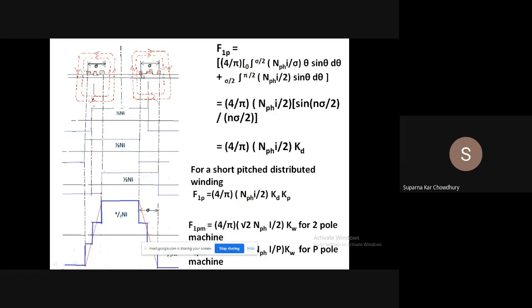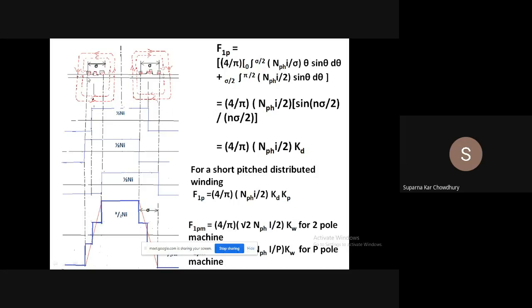Considering this one, it is equivalent to a single concentrated winding, so it will have a rectangular distribution. Again, this will have a rectangular distribution, and this will have a rectangular distribution.